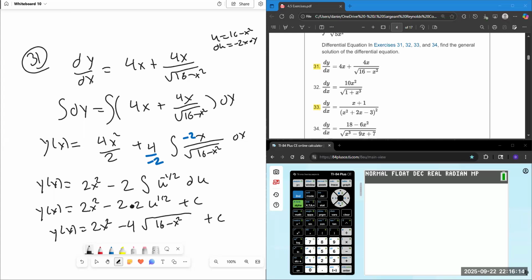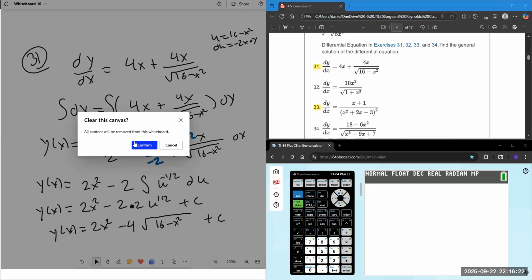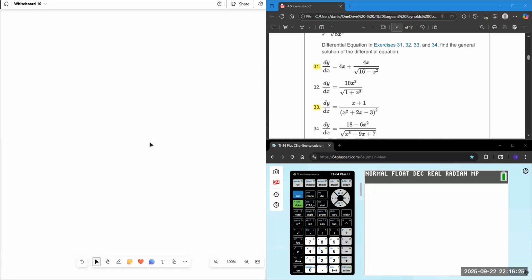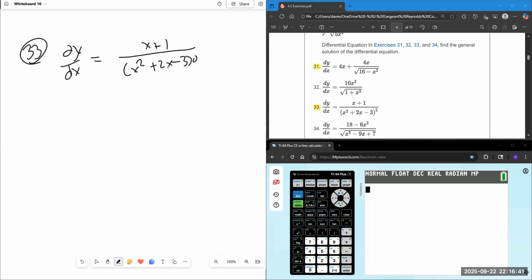Let's move on now to our next problem, which is 33. 33 says dy/dx is equal to x plus 1 over x squared plus 2x minus 3, squared.